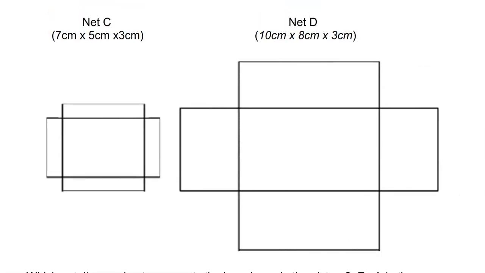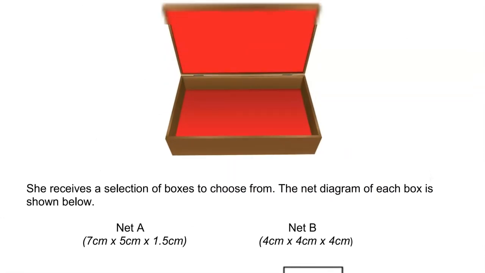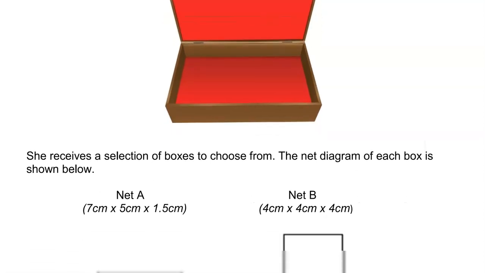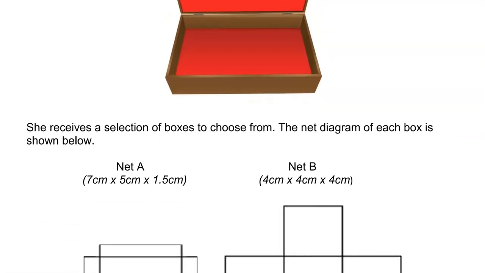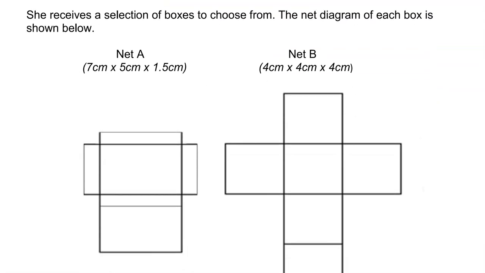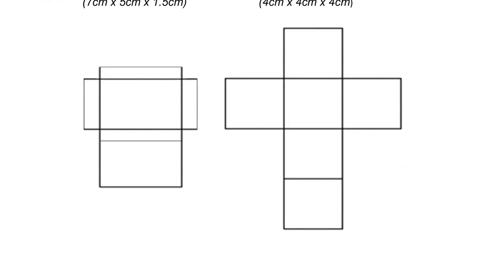Okay, so having a look at the box again. So it is not very high. It's long. So B wouldn't be the right one because it looks more like a cube. A does look like the right one.